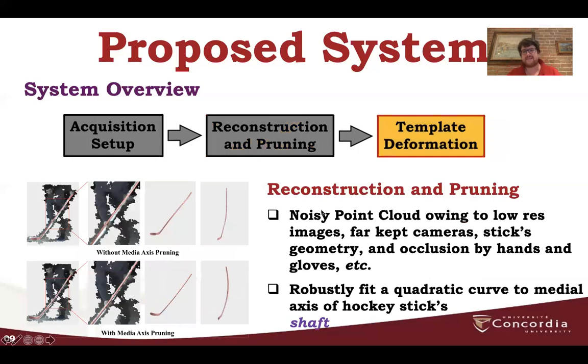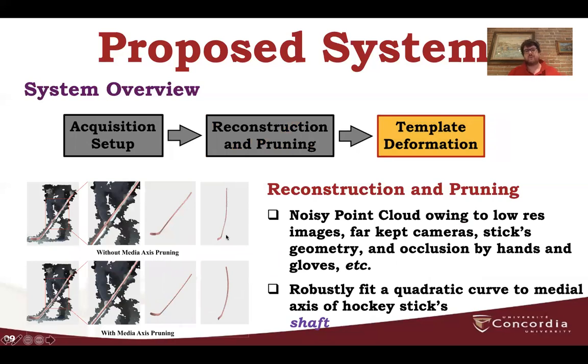The next step is template deformation. So we have the template position, but we have to be able to match this template to the point cloud. But if we match it directly to the point cloud, the results shown here in the top row are not very good, because the point cloud is very noisy and we get relatively strange deformations.